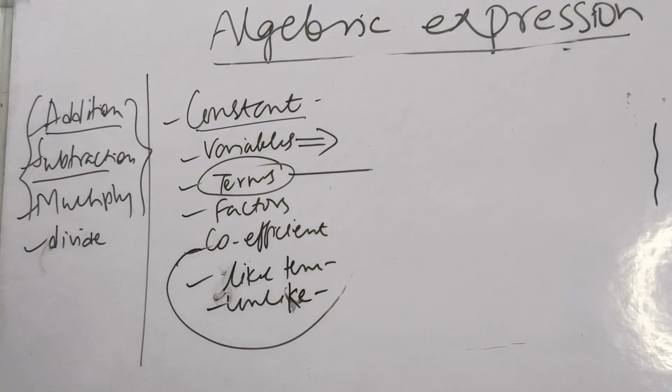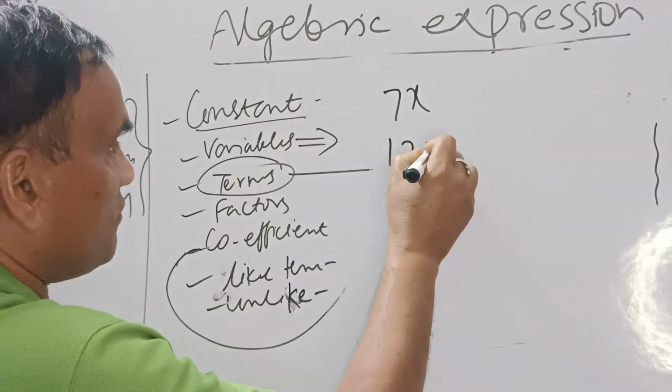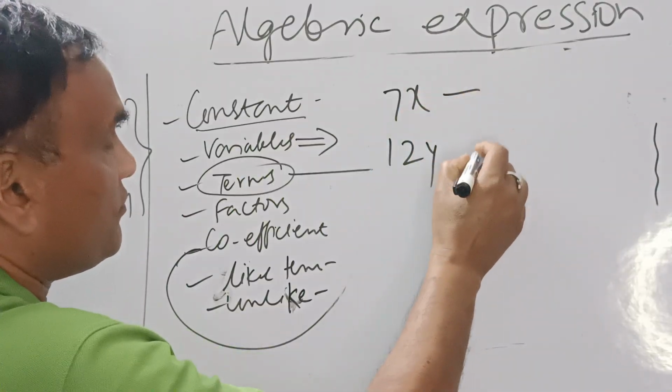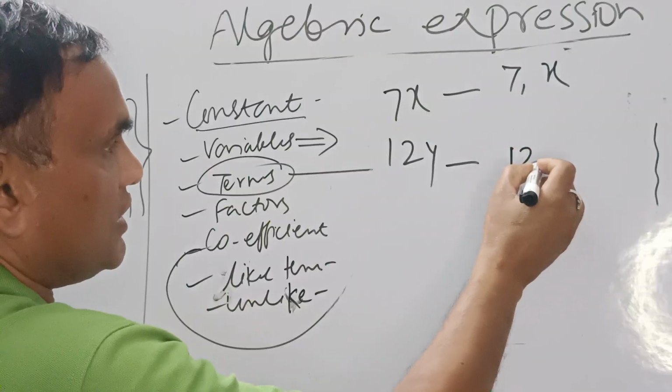Okay, with this we have seen expression, factors, term. Now like term, unlike term. Suppose this is 7x, this is 12y. So first of all we'll get the factors. What are the factors? 7, x and 12, y.